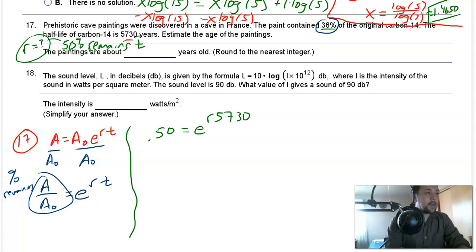That's the time when 50% is remaining. And then I can solve for r. In this case, it's like the exponential equations we were looking at just a while ago, except we will want to use natural log because it matches the base of our exponent. So I'm going to apply a natural log to both sides of this equation.